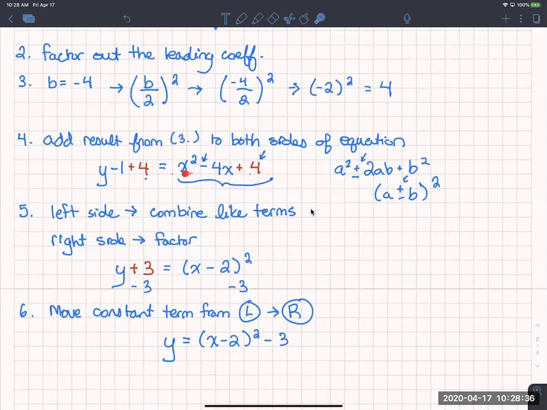So when we factor this, this is the square root of the first term, plus or minus, depending on what this sign is, the square root of the last term. And all of it is going to be squared. Then the last step was to move the constant term from the left to the right by subtracting. And that is known as completing the square.